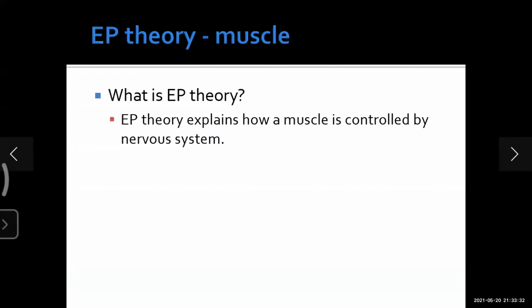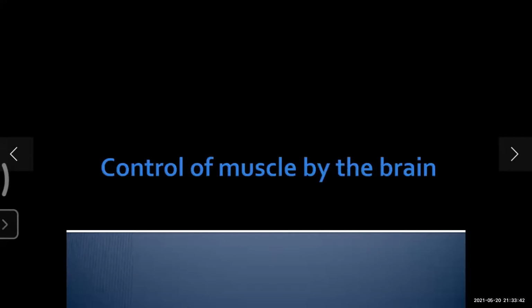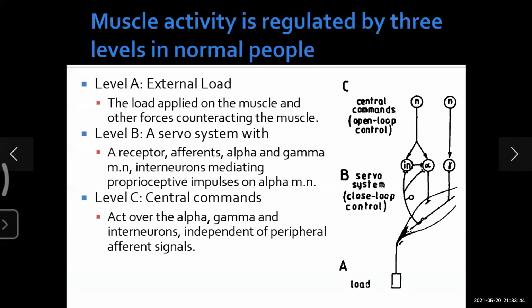The theory is called the equilibrium point theory, and it explains how a muscle is controlled by the nervous system. What they tell is that the muscle is in fact not controlled directly by the brain. We think the nervous system gives a command to the alpha motor neuron, and the alpha motor neuron supplies the muscle.